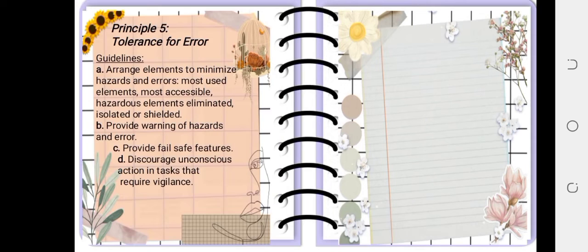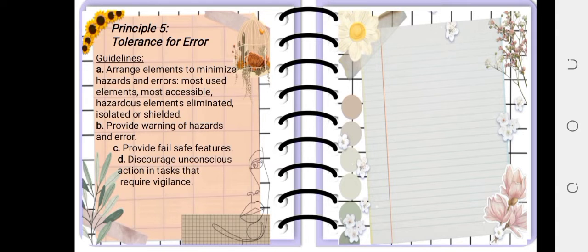For principle number 5, tolerance for error. So the design minimizes the hazards and the adverse consequences of accidental or unintended actions. For the guidelines: arrange elements so as to minimize hazards and errors; most used elements should be most accessible, and hazardous elements eliminated, isolated, or shielded. Provide warnings of hazards and errors. Provide fail-safe features.